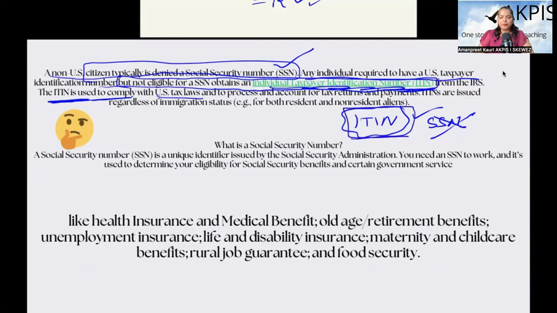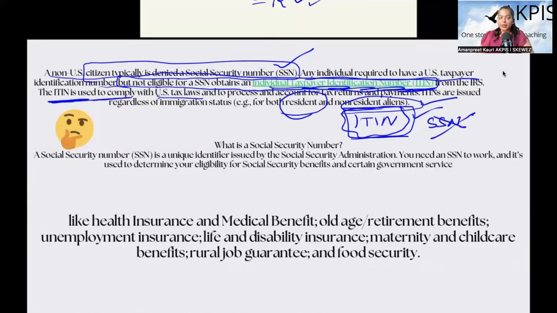And let me tell you, these are issued to both resident as well as non-resident aliens. The key difference is only that residents are supposed to pay tax on their entire income, whether earned in the US or not, on their entire worldwide income. And non-residents are supposed to pay income tax only on the income which is earned in the US or business connected with the US, not on worldwide income.